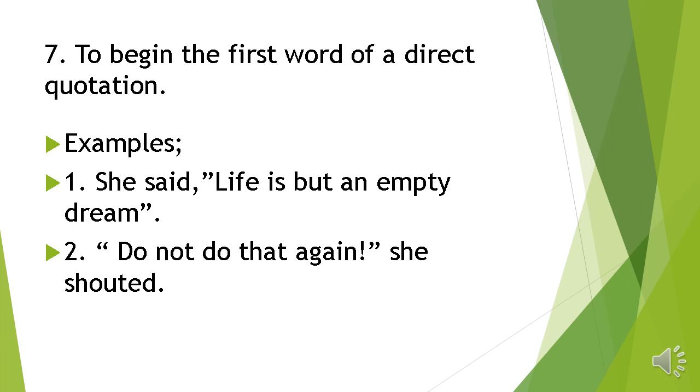Next one, to begin the first word of a direct quote. You notice that the quote can come where we say that someone said something, like in the first example, or we can have that at the end, as in the second example. In the first one, she said, and then we open the speech marks, life is but an empty dream.